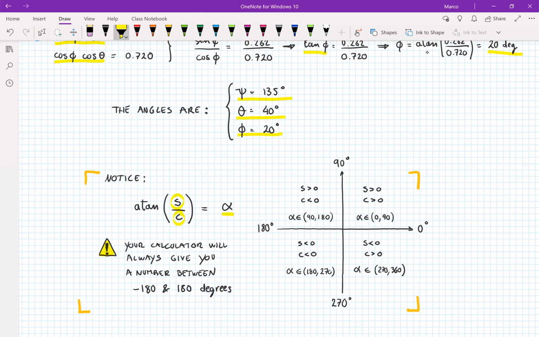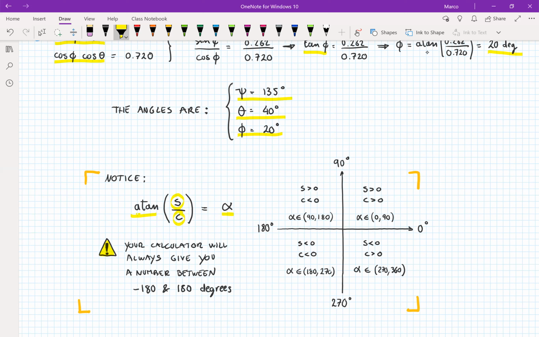Here I'm going to call the numerator S because it reminds of the sine, and the denominator C because of the cosine, and tangent is sine divided by cosine. But you can also have values of S and C that are greater than 1 or less than -1. So they don't necessarily have to represent the sine or the cosine of alpha. But nevertheless, let's say you have two values, S and C. You take the ratio and you apply the arctangent function in order to get the angle.